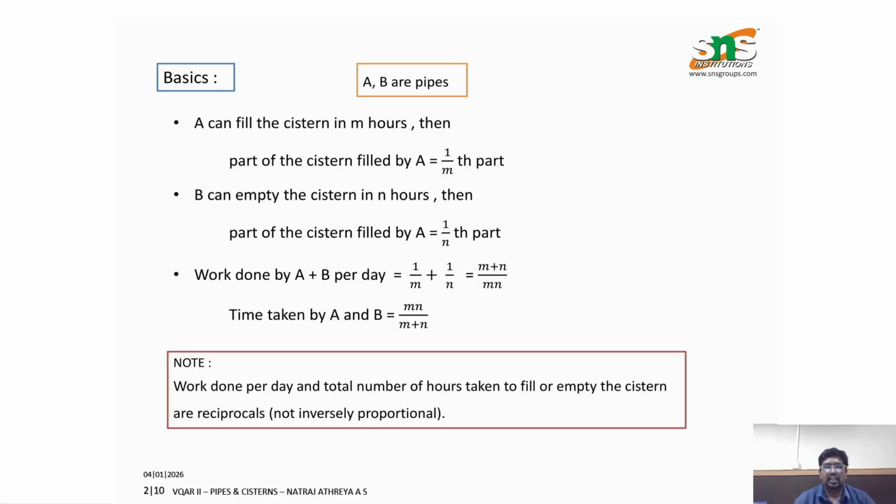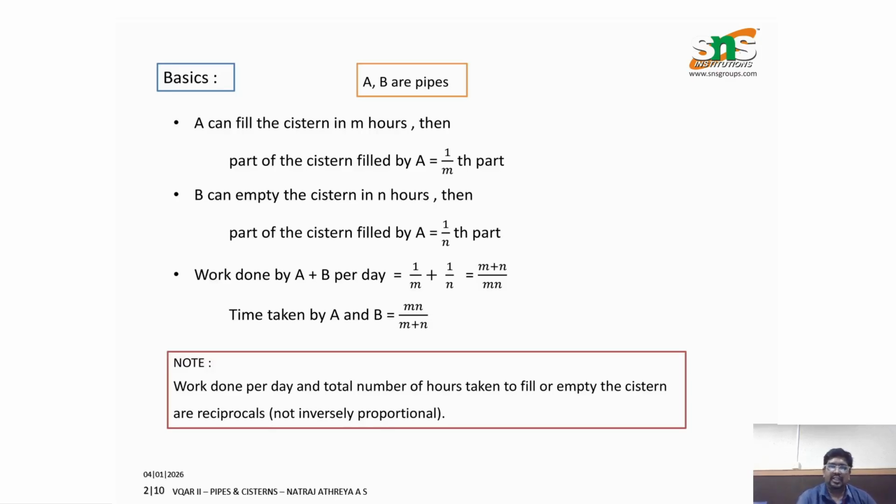So the work done by A plus B in 1 hour will be 1 by m plus 1 by n.